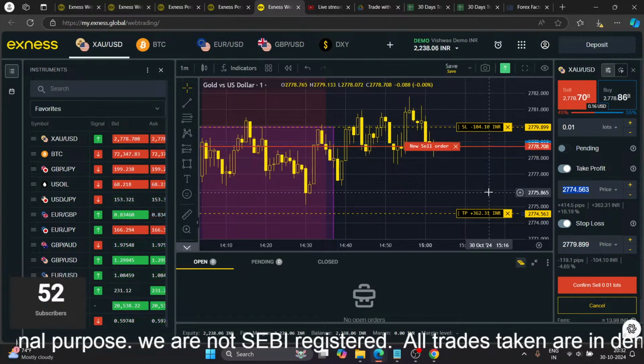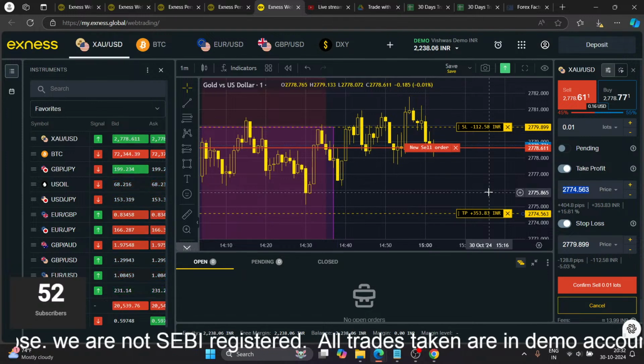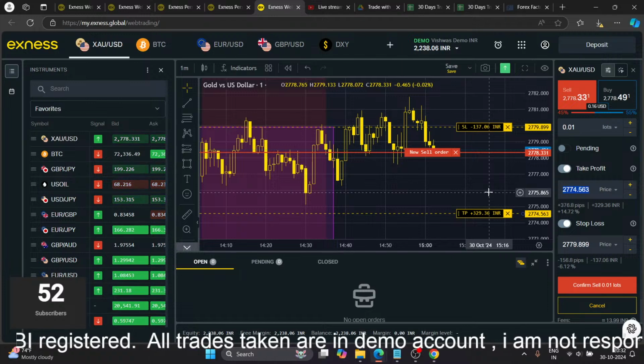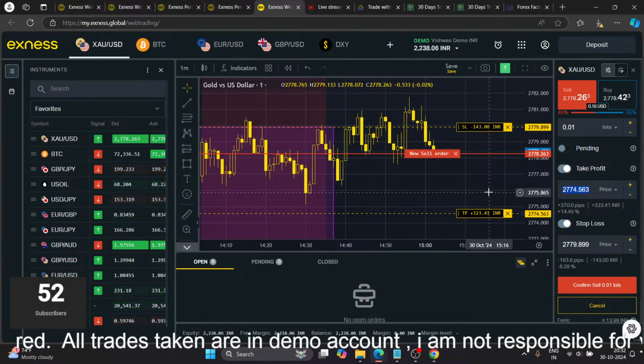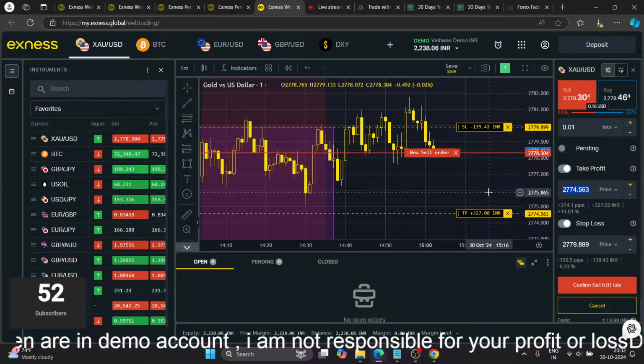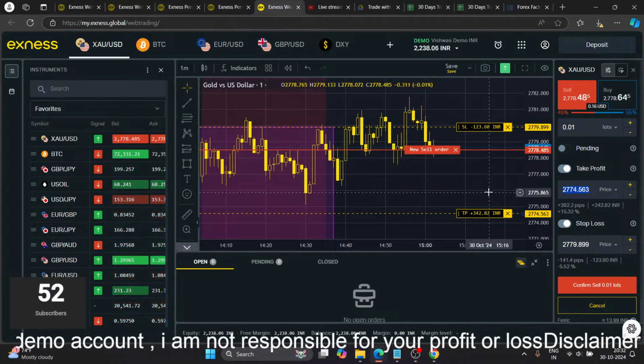So I have explained how to deposit an amount, how to draw a trend line, and how to take profit and stop loss. I explained what the maximum lot is when you have a deposit of 2500: 0.01 or 0.02.